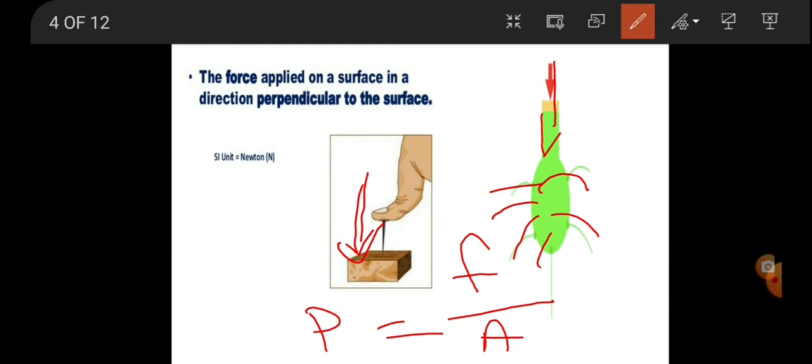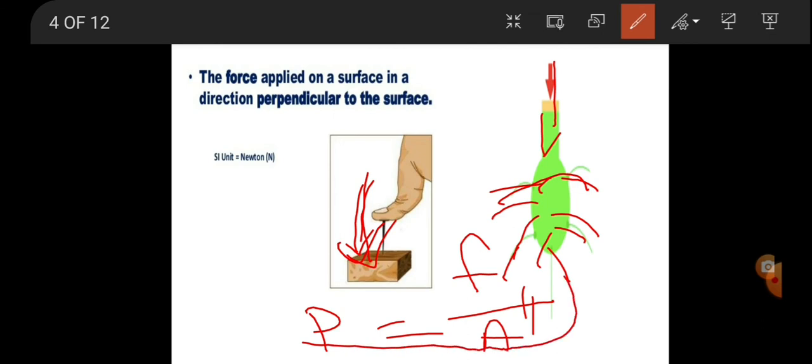Thrust is the force perpendicular to the surface. Pressure is the force per unit area acting on an object. So the pressure formula is P equals force divided by area.